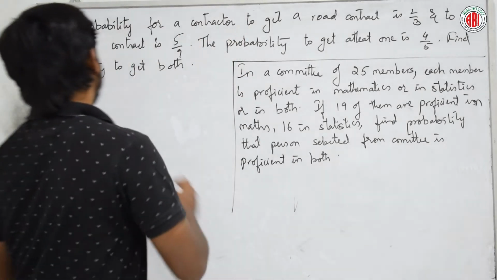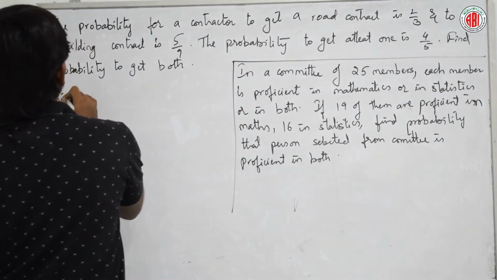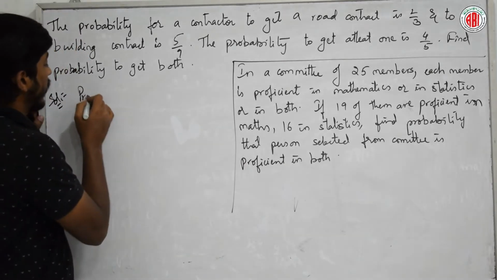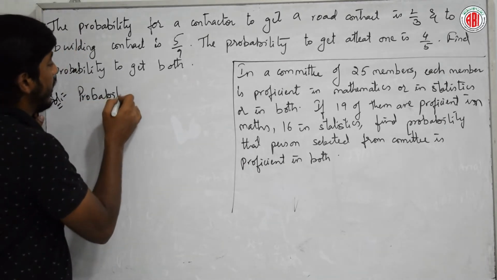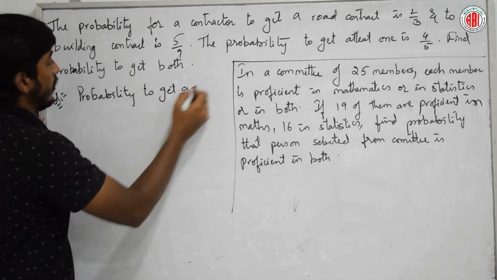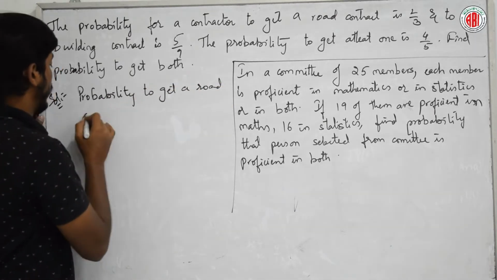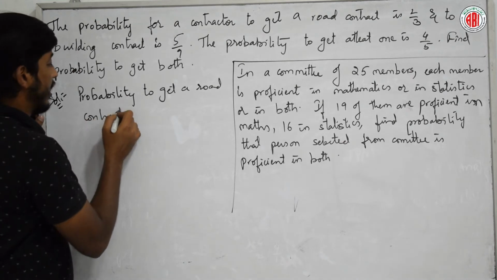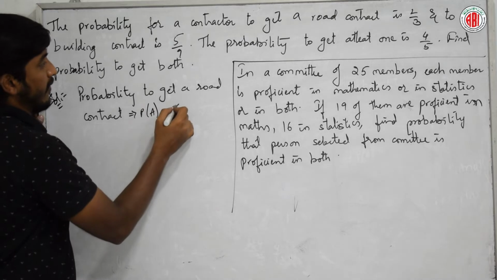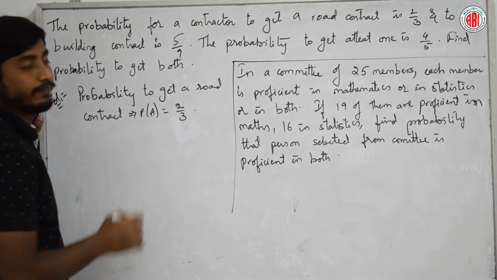Clear? So let us write it as probability to get a road contract. Let us say it as P of A, which is given as 2 by 3.